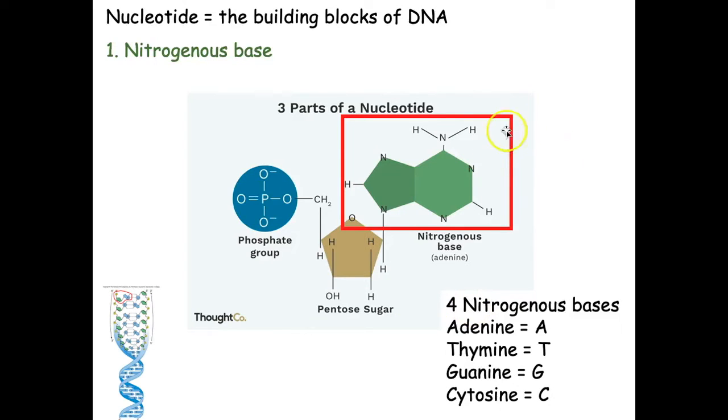The first one we're going to talk about, I've outlined here in red. This is called a nitrogenous base, and I'm sure you've heard about these a lot. And the nitrogenous bases are adenine, thymine, guanine, and cytosine.